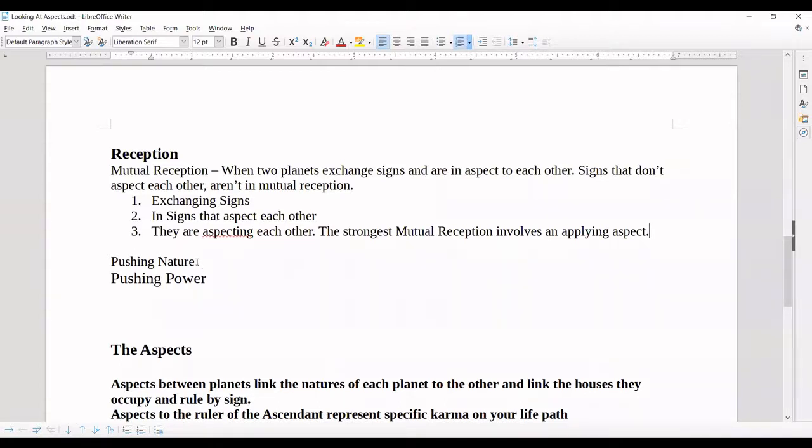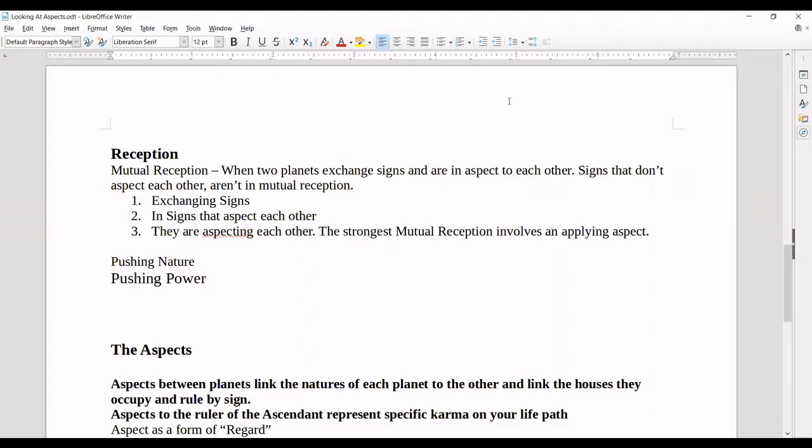Does everybody know what signs are ruled by which? Yes, okay, but it's separating, so that would make it weaker, but it's still, okay, excellent. So Layla here has Jupiter in Virgo and Mercury in Sag, but they're separating.